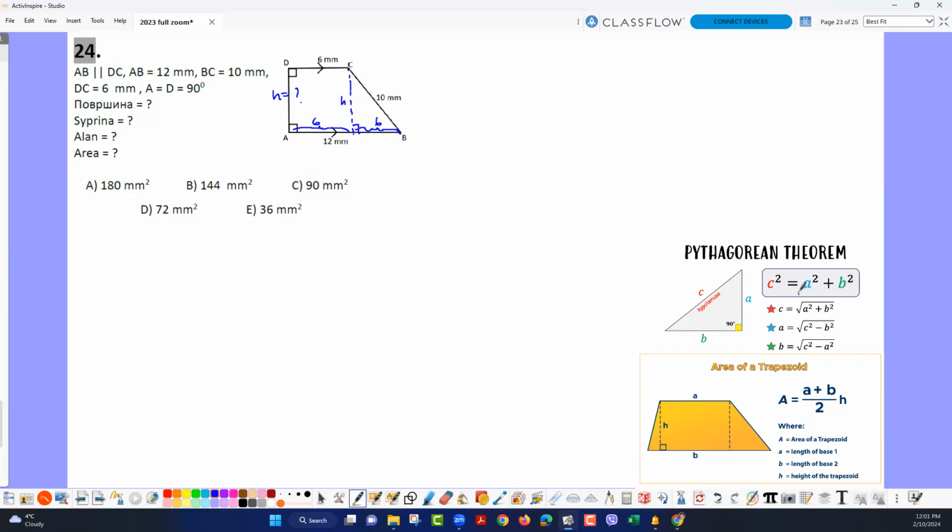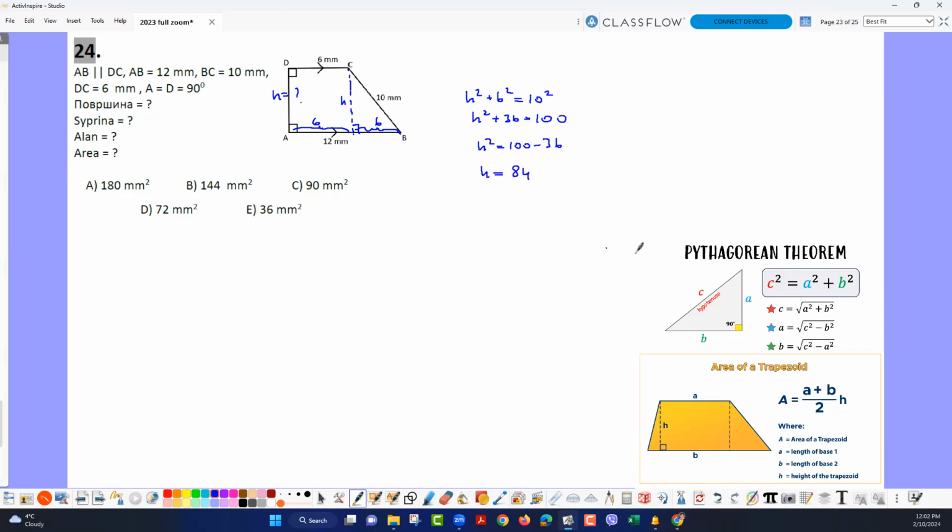By using the Pythagorean theorem, we can find the height here. So 8 squared plus 6 squared is equal to 10 squared. It's going to be 8 squared plus 36 is equal to 100. 8 squared is equal to 100 minus 36. H is equal to the square root of 64, it's going to be 8.